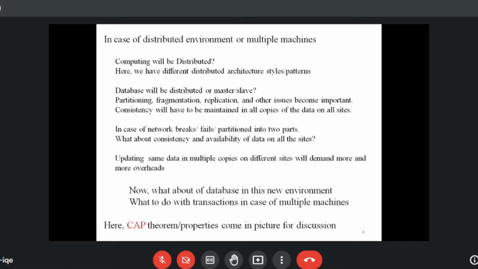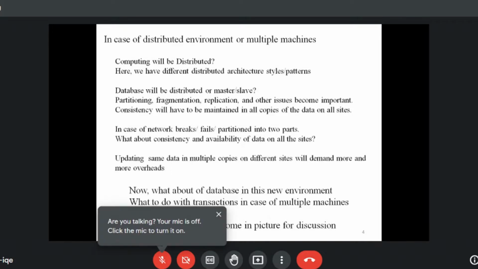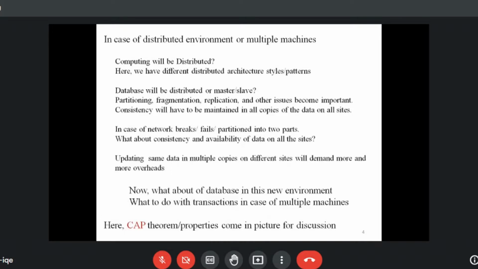The whole database is distributed, or a part of the database is on one machine and another part is on another machine. If I say it is a single database, then what I expect is from where I can get my data in lesser time. So several such issues will be there.